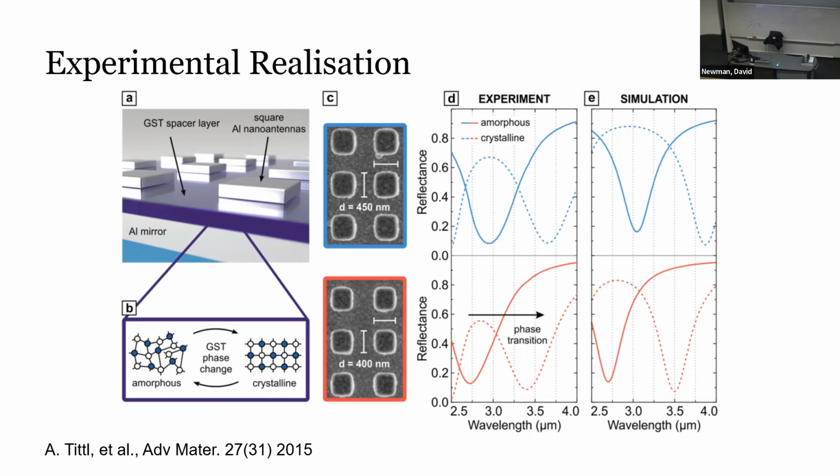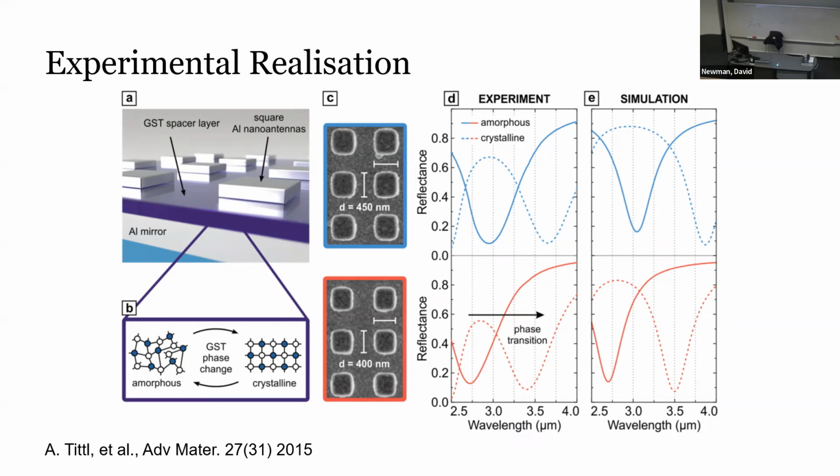I should mention that this is a very important paper, and I don't mean to be so negative about what I'm about to say, but this is an aluminium resonator. Aluminium melts at around 660 degrees C, which happens to be the same temperature that GST melts.